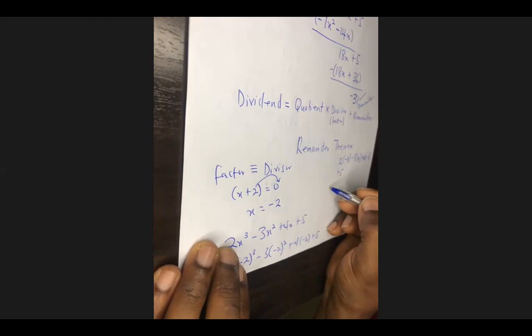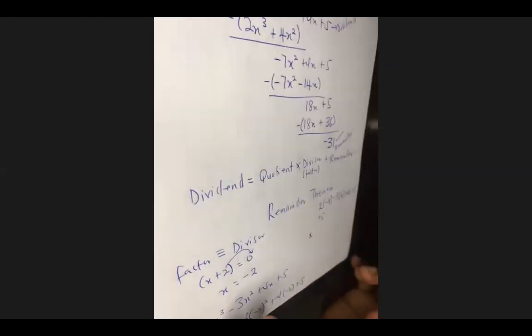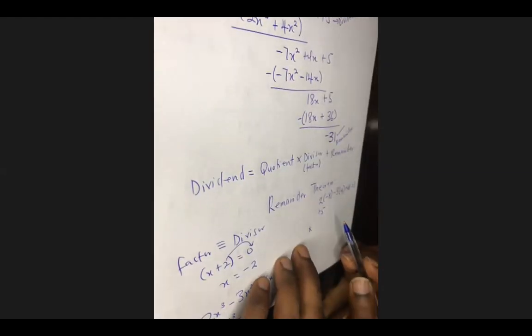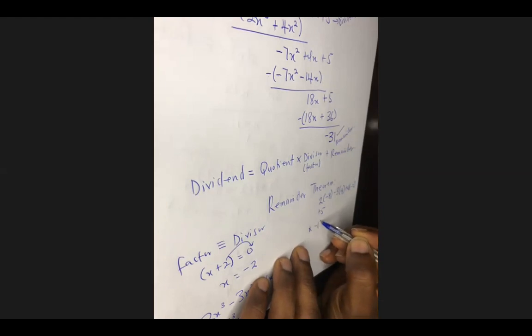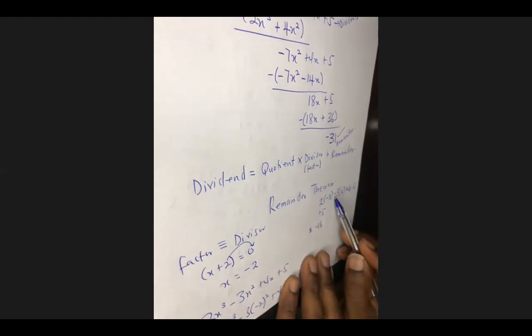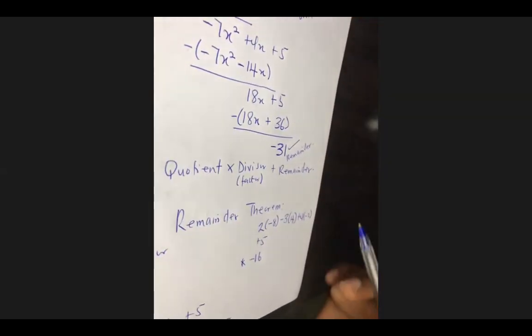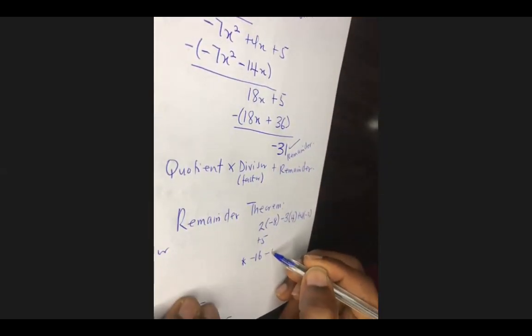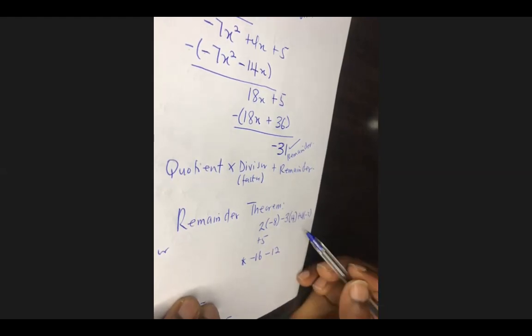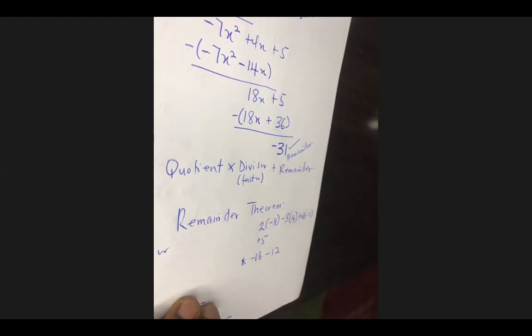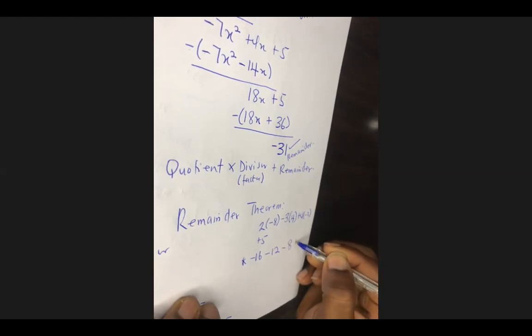So here I have 2 times negative 8. I have negative 16. And negative 3 times 4, I have negative 12. And then 4 times negative 2, I have negative 8. And then plus 5.